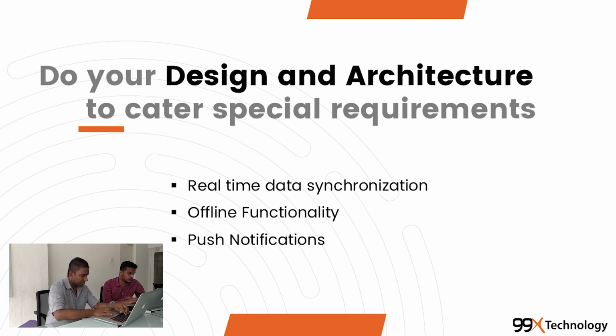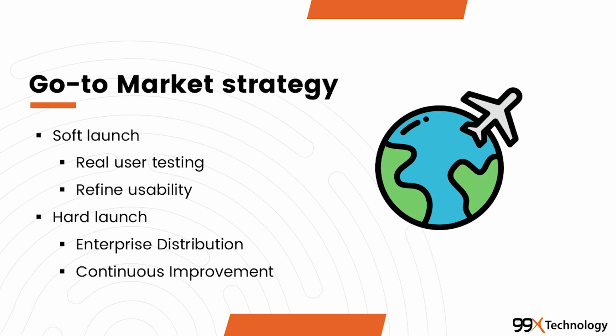Now you have an MVP that you think has potential, that your users would love, but you can't just go and release this to end users, because you actually need to battle test your application before you go to production. So the first thing you need to do is a soft launch, where this is the first time your app is being used by users.